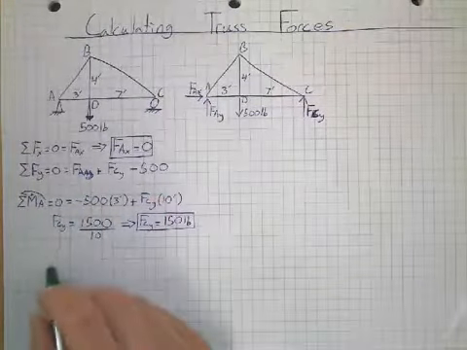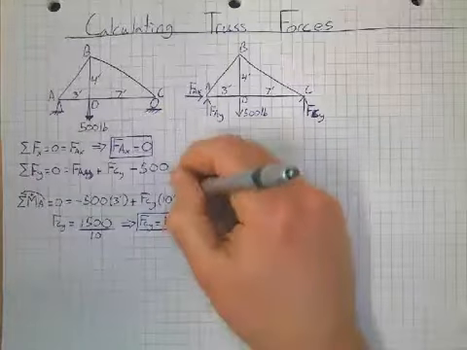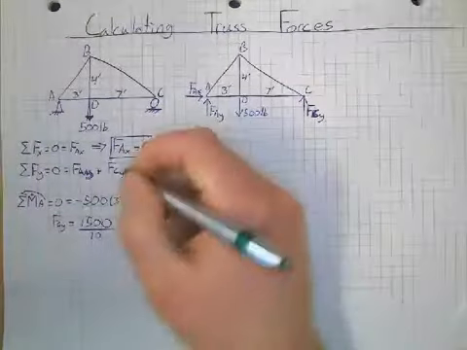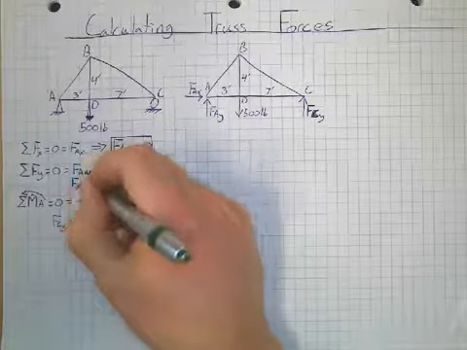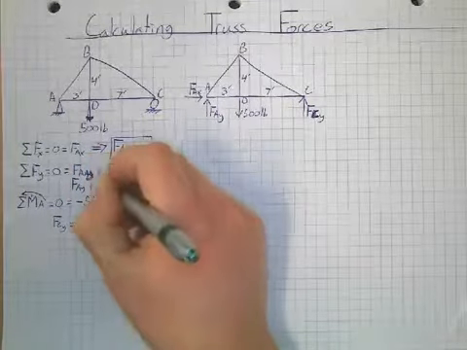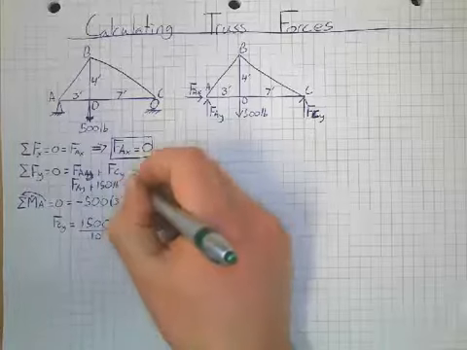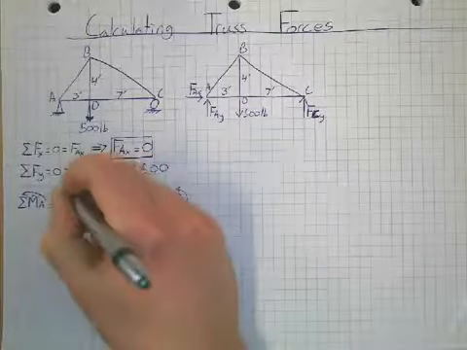Finally, I can plug that back in up here, and I get FAY plus 150 pounds minus 500 pounds is equal to 0.